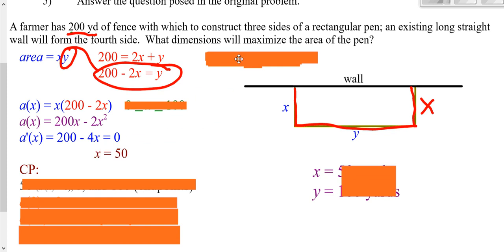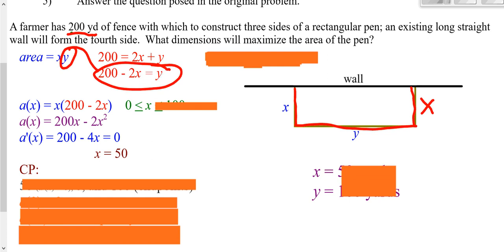But we should also look at our domain. Well, our domain, we have to look at what x is. What's the shortest x can be? Well, the shortest x could be would be 0. What would be the biggest x could be? Well, as we look up here, the biggest x could be would cause your y value to be small.